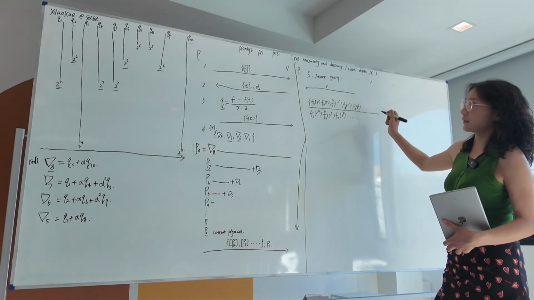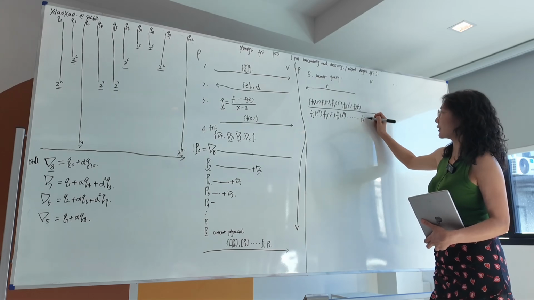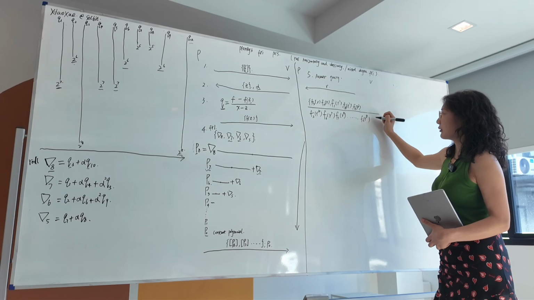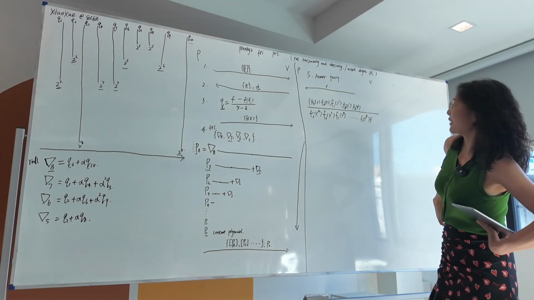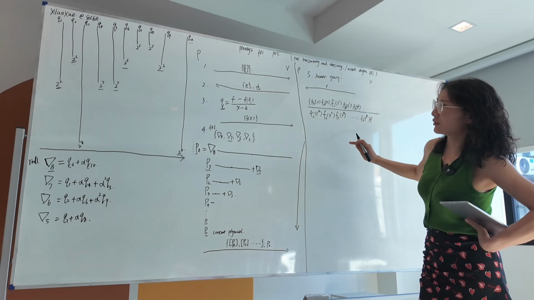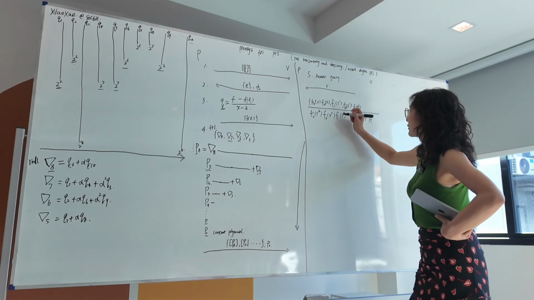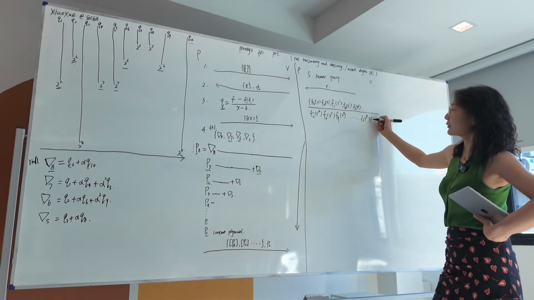Until the last one, F7 will open at R to the power 2, 2, 2, 5, 9, 7, 8.